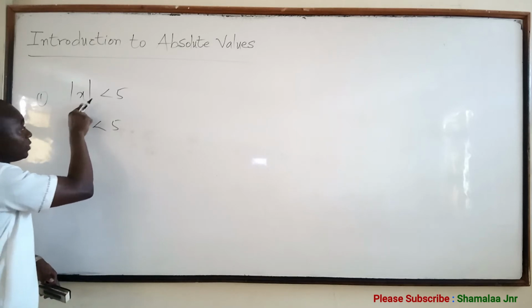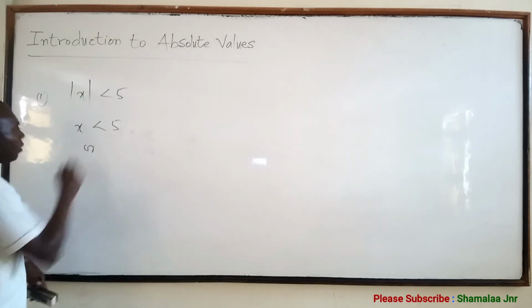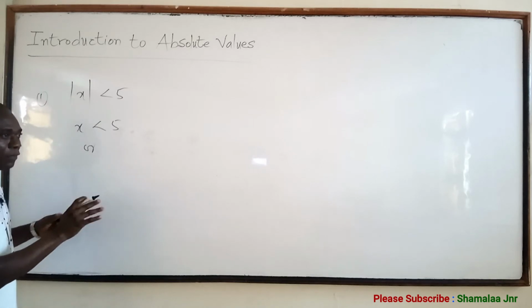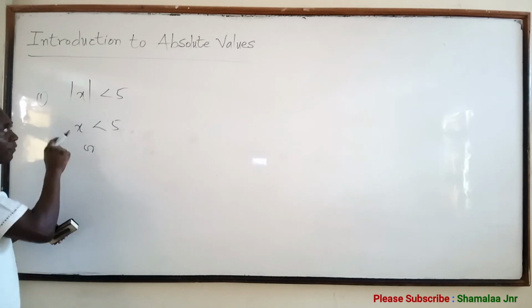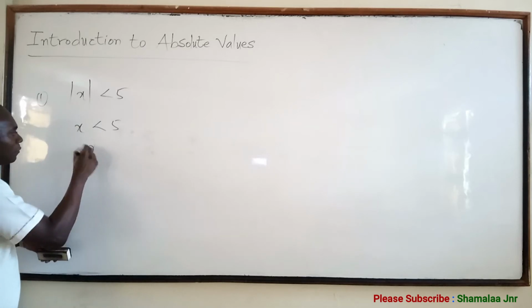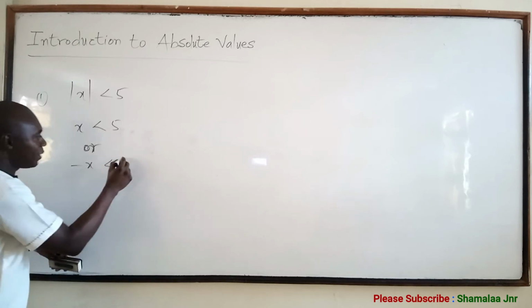This is the first one. Or if this x is a negative real number, then its absolute value will be negative x, so negative x is less than 5.